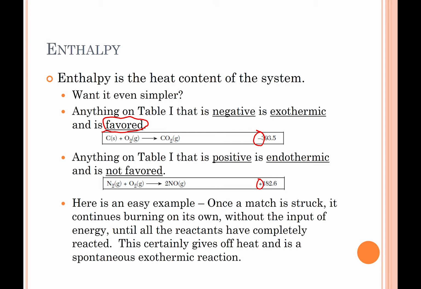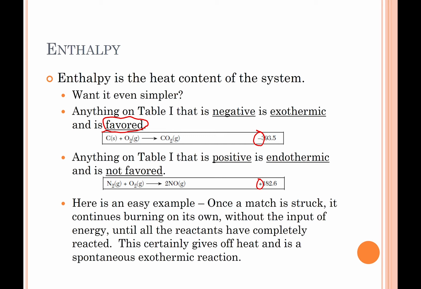Here's a nice easy example. Once you strike a match, the match will continue to burn on its own without doing anything else. Because that reaction, which is certainly exothermic, is giving off heat and light, that exothermic reaction is favored because the products, the burned match and ash and smoke, are more stable than the combustible match before you lit it.